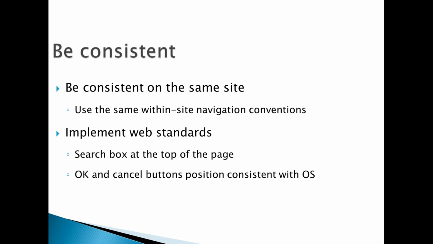You want to put in a search box at the top of the page so that if your website does have a lot of information, it can be searchable. I'm sure that you've gone to websites where you got overwhelmed and you just went to the search box and typed in what you wanted. Also, OK and cancel button positions, make sure they're consistent with OS as well.